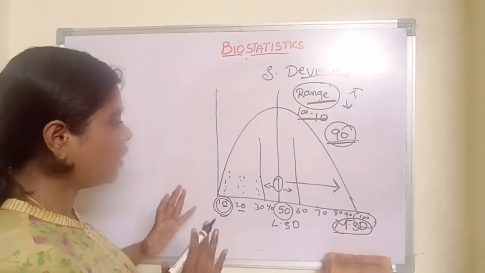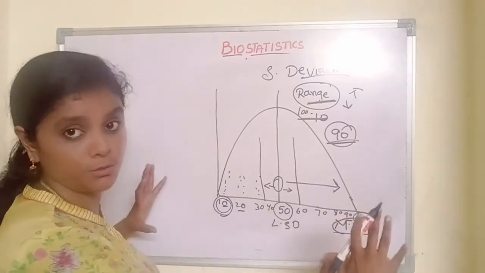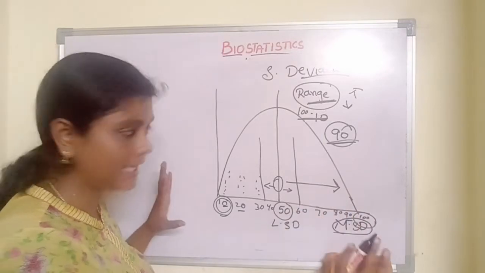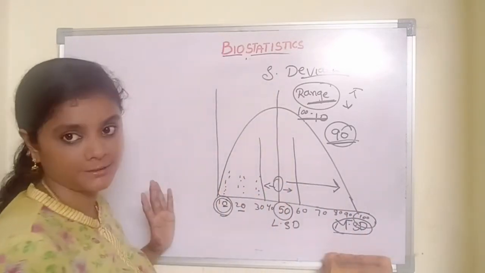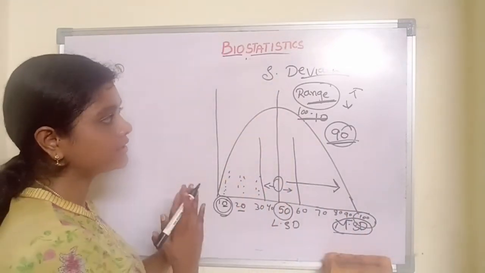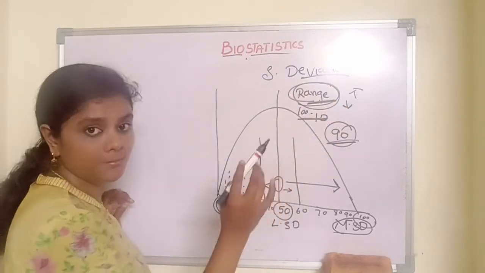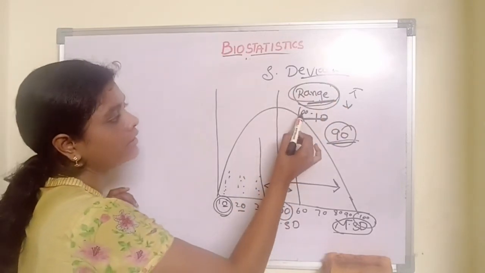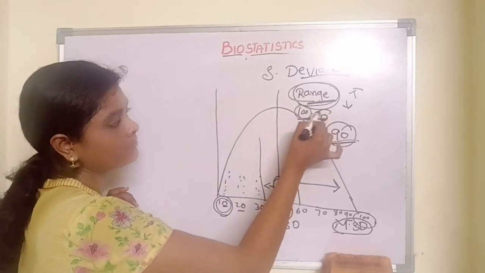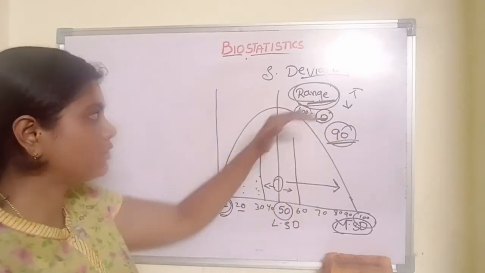So it is a wide range of distribution of the data set away from the center. That is what an increase in range means. So the range is the subtraction of the lowest value from the highest value.